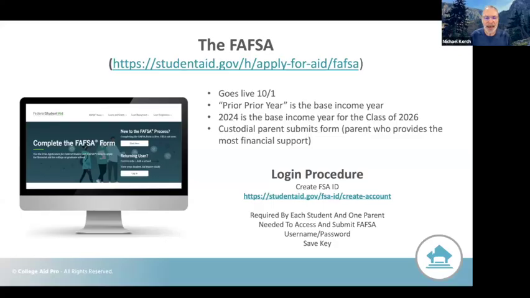That has changed, and now it's just about which parent provided more financial support from the time the form is submitted backwards 12 months, so kind of this last year. And so there's an opportunity based on that.